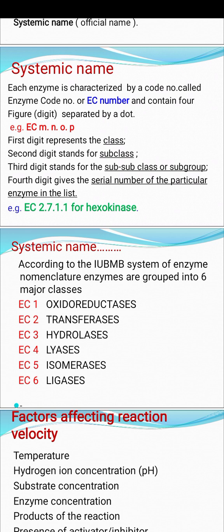According to the IUBMB system of enzyme nomenclature, enzymes are grouped into six major classes. In 1964, the IUB system of enzyme classification came into force. Each class represents the general type of reaction brought about by the enzymes of that class.